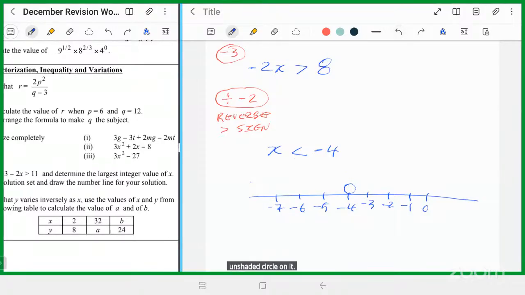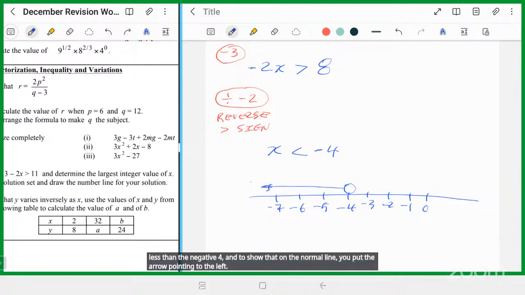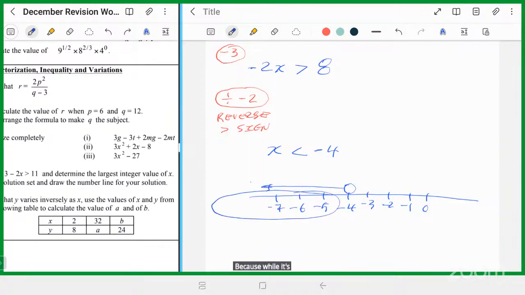If this, for example, is an equal, then you would shade the circle on the negative 4, which would then mean that negative 4 is also a valid value for x. Right? But in this example, it's not, because the equal is not there. Then you want values that are less than negative 4. And to show that on the number line, put the arrow pointing to the left, because values down here are less than negative 4. That's a number line for x less than negative 4 now.